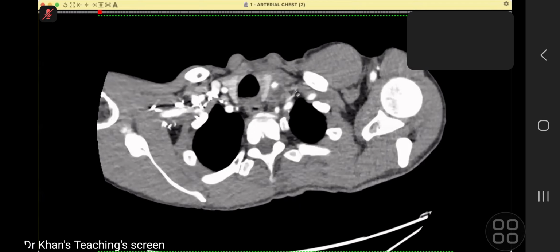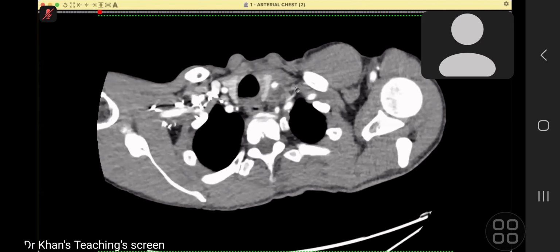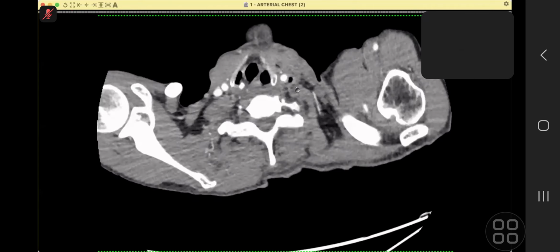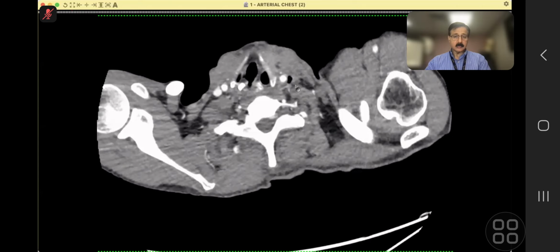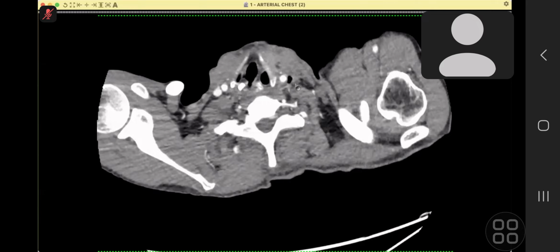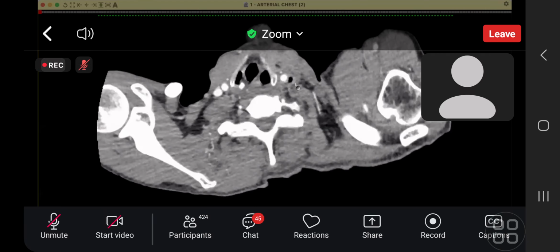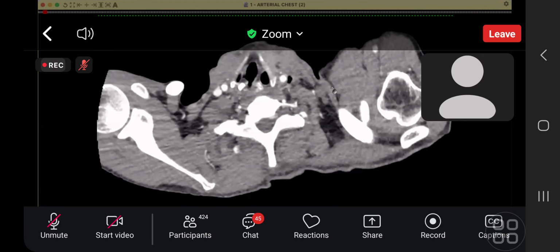Coming back to the abscess itself, what do you think is the source of this abscess? Would you like to see anything else? This could be the source.